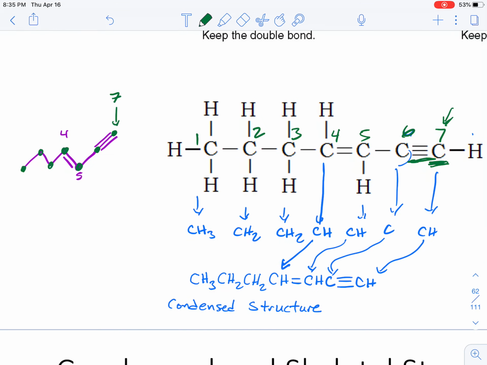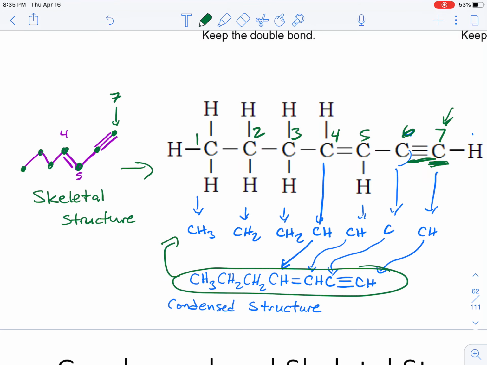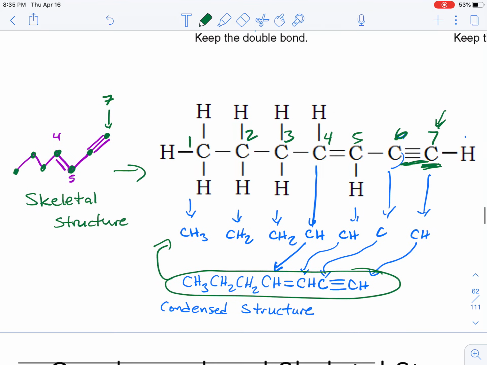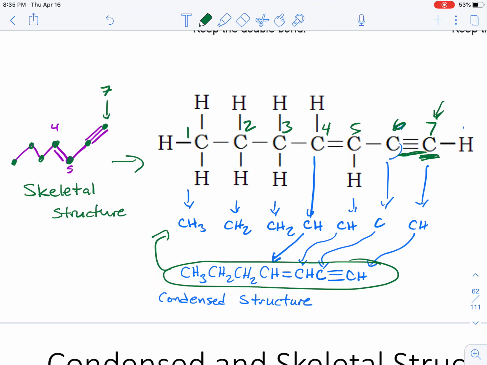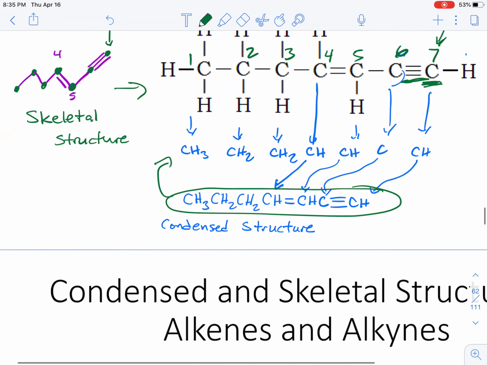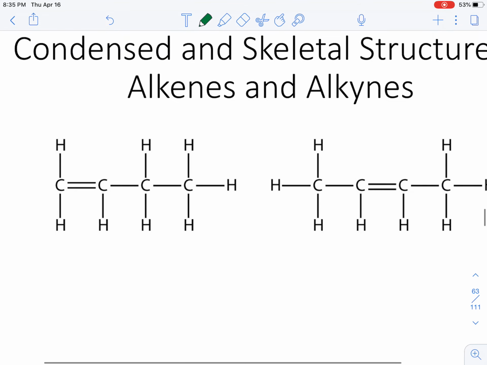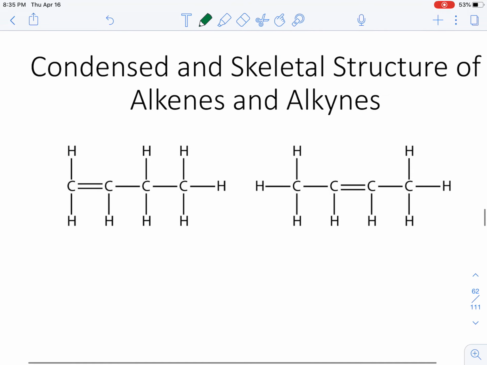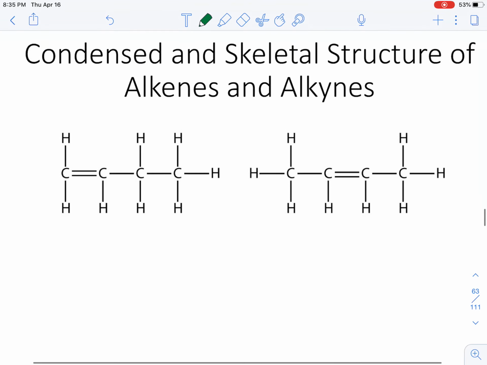And so this would represent the skeletal structure of this molecule. And this would represent the condensed structure of this expanded structure. Okay. All right. And so let's go ahead and get some more practice doing condensed and skeletal.